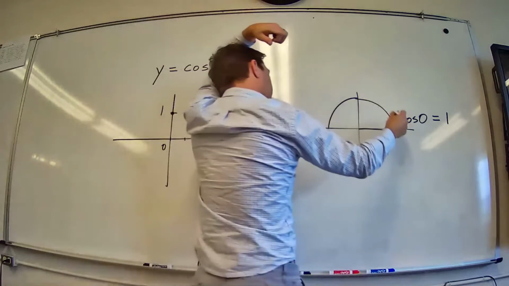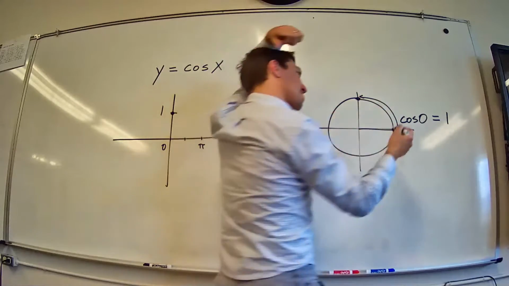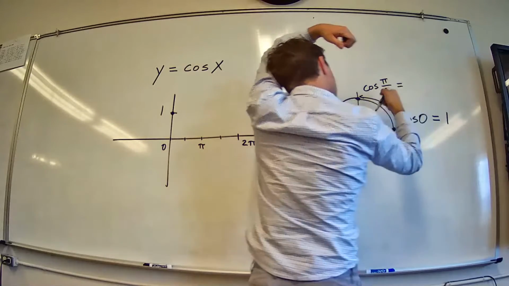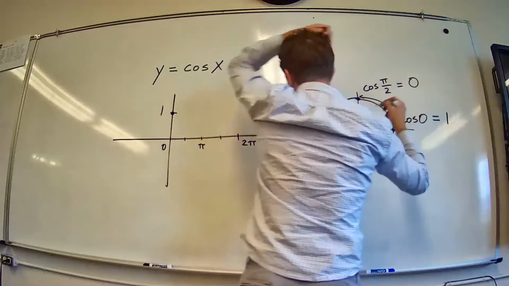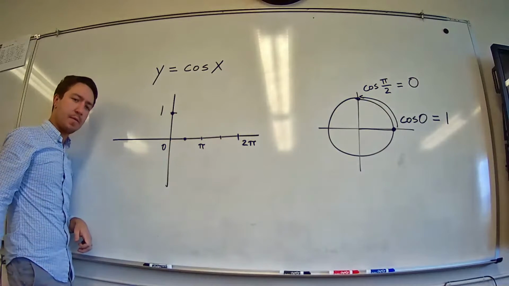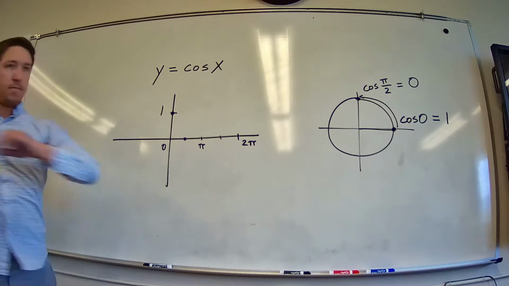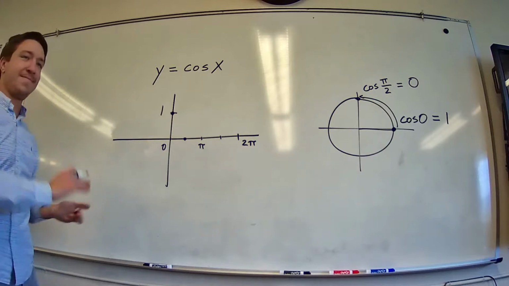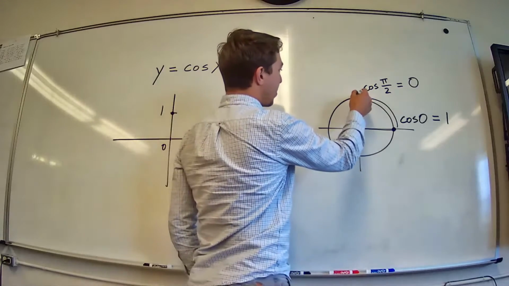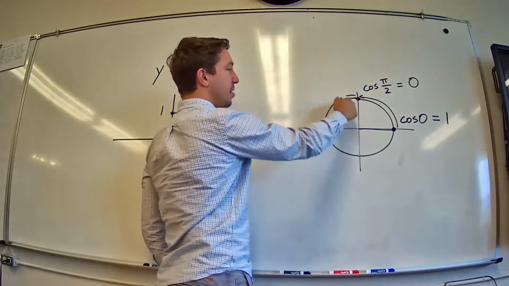Now, what happens to our cosine values as we travel around the circle? They get smaller. Right here. Yeah. Until you hit pi over 2, your cosine is 0. So at half a pi, you've hit your first x-intercept, 0. Okay, now, what kind of numbers do we have for our cosines in this neighborhood?